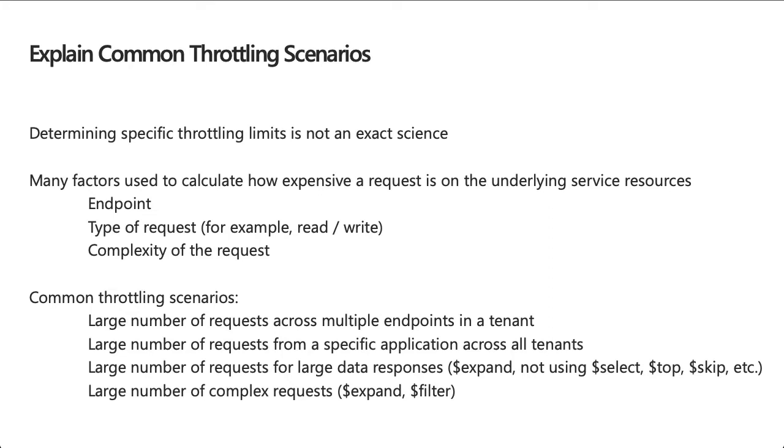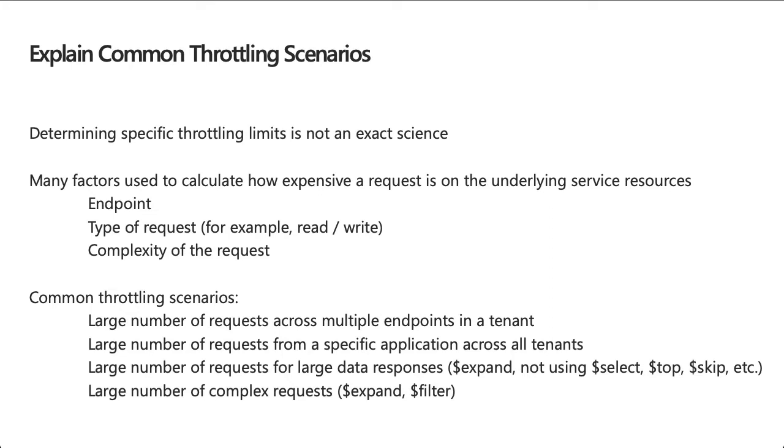As a general rule, you can think of it like this. How expensive is my request on a particular endpoint is the real determining factor. The more expensive it is, the fewer of those requests that I can submit in a very short amount of time. Now, what is used to determine how expensive this request is? Well, that's the part that depends on the different situation. Which endpoint are you requesting?